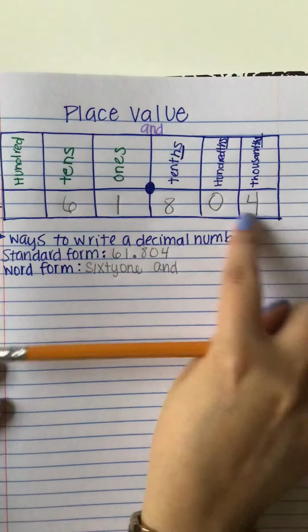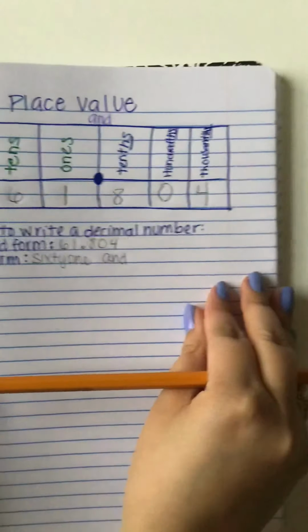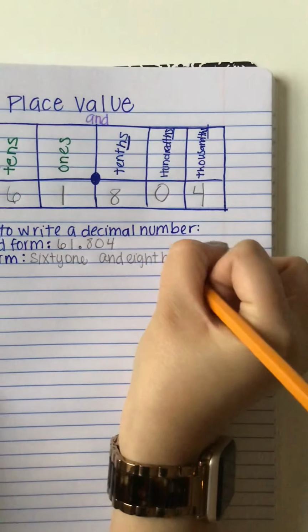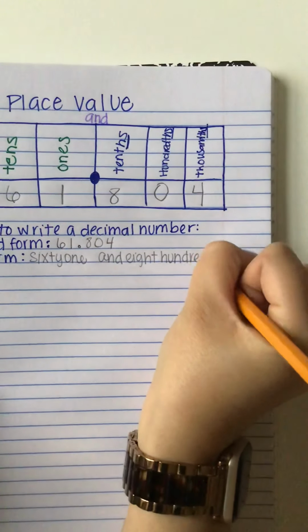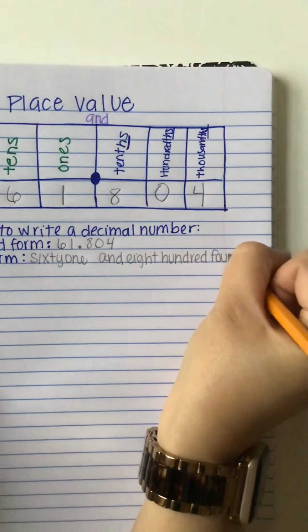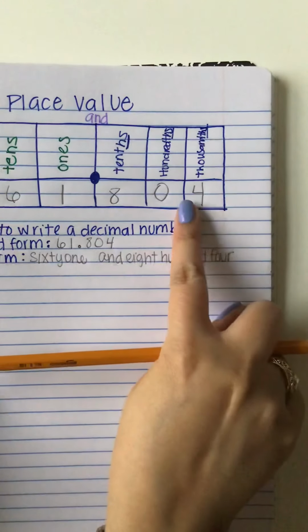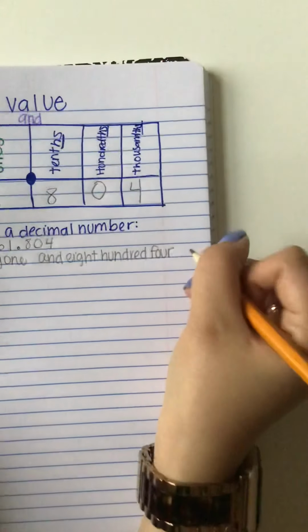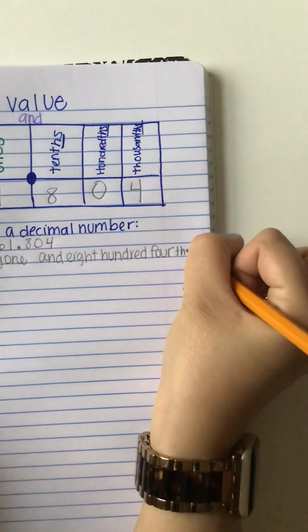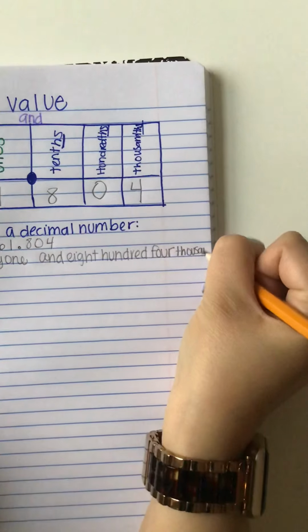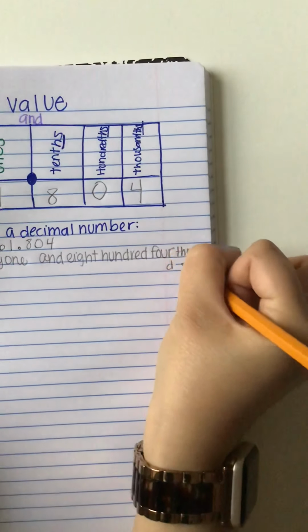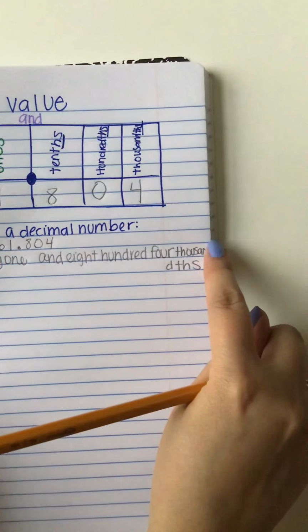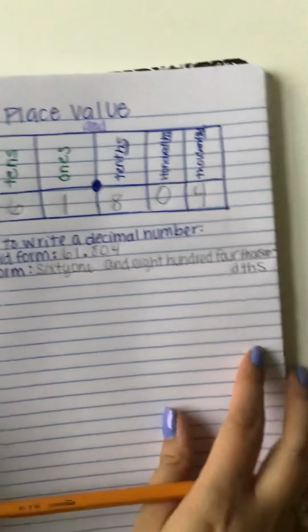And then my next number is 804. And then I look at what's my last place value with my decimal, and that is thousandths. So I'm going to write that at the very end. Okay, now I ran out of space right there. That's why I did this. However, if you need more space, please feel free to use it.